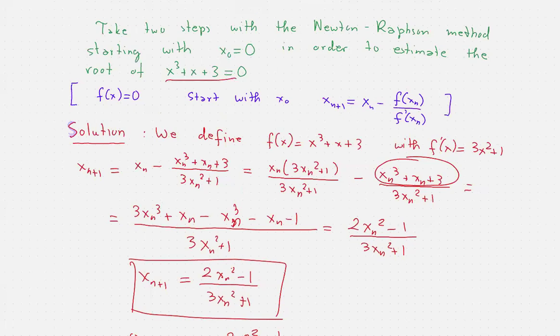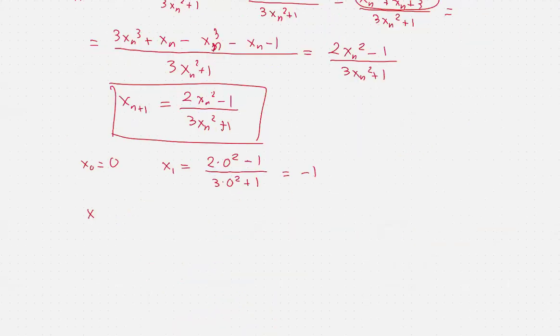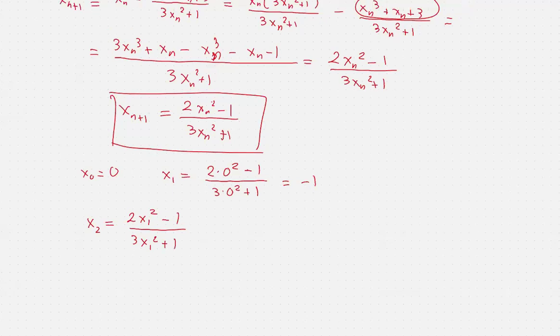Let's find just one more step. So x2 will be 2 x1 squared minus 1 over 3x1 squared plus 1. I should have written it before too, that what I computed here was 2 times x naught squared minus 1 over 3x naught squared plus 1.